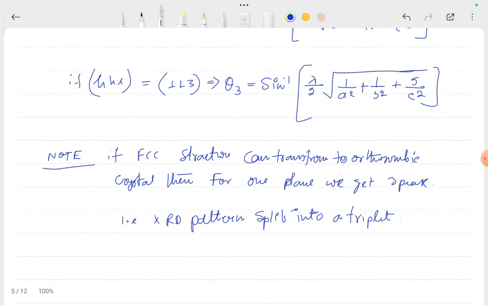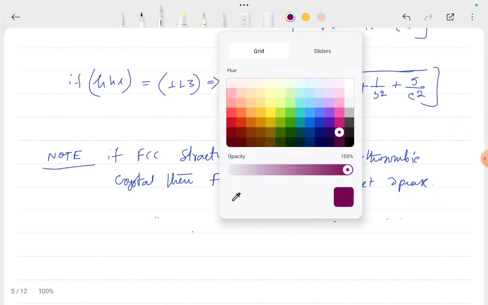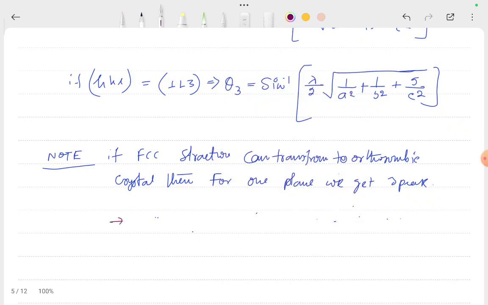Okay, split into triplet. I think this handwriting is very bad, I tried to write in a very beautiful way. Just a minute, I just change my color. It means the XRD pattern splits into a triplet.